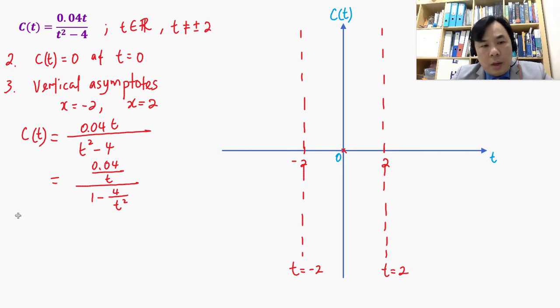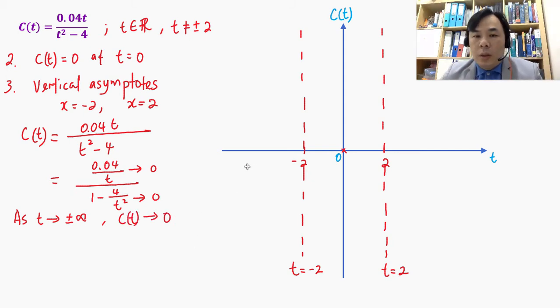Alright, now as t approaches positive or negative infinity, we notice that this approaches 0, this also approaches 0. Therefore, the whole concentration function will approach 0 there. That's how we know what the horizontal asymptote is. Okay, so here we can write down the horizontal asymptote as C(t) equal to 0.